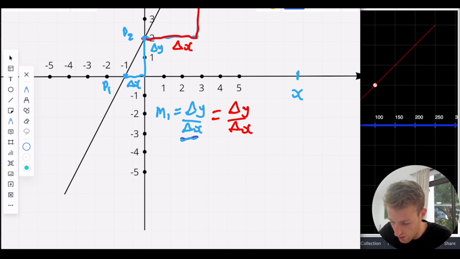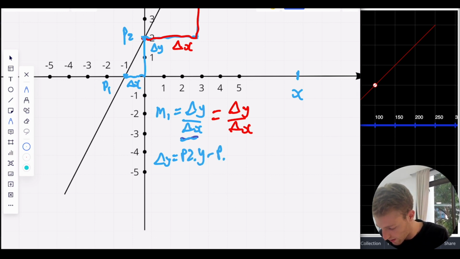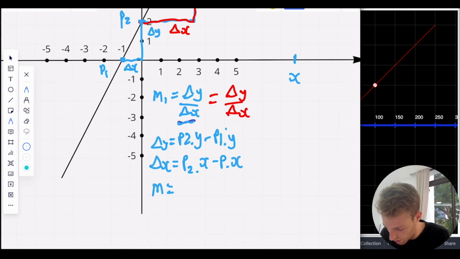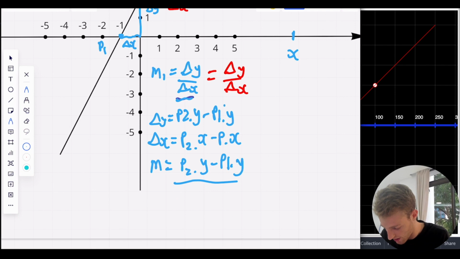So that delta y is equal to p2.y minus p1.y, and the delta x is equal to p2.x minus p1.x. So we know that m is therefore equal to p2.y minus p1.y over p2.x minus p1.x.